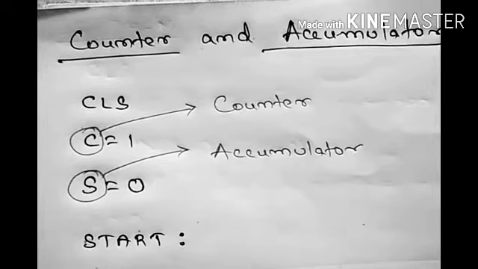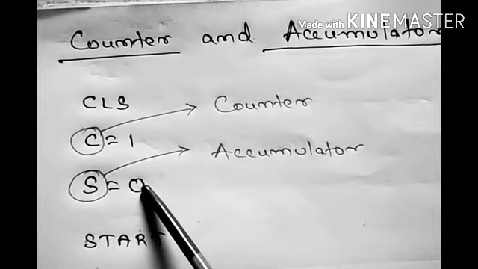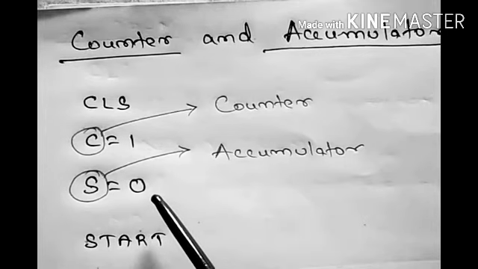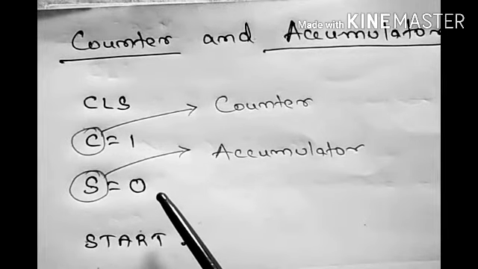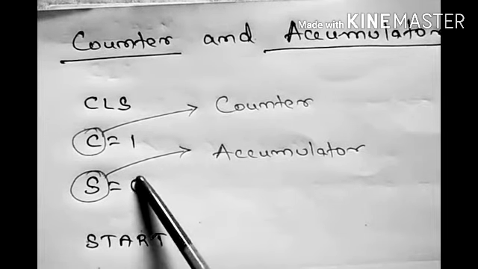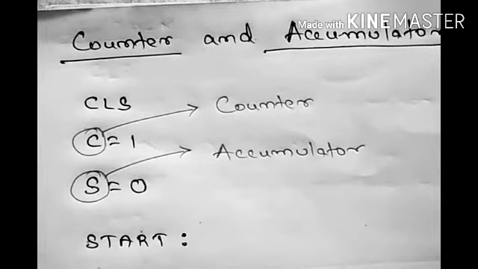That value may be stored in any location of the computer memory, and if we don't initialize with 0 or some other number, then it may take any random value and our results will be disturbed. We'll get wrong results. For that reason, it is better always to initialize with 0 so that the sum will be perfect.